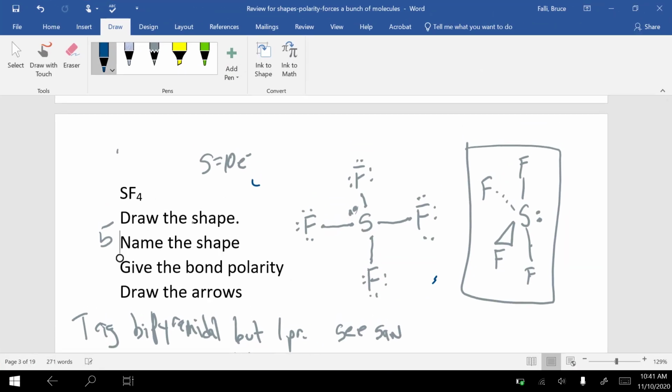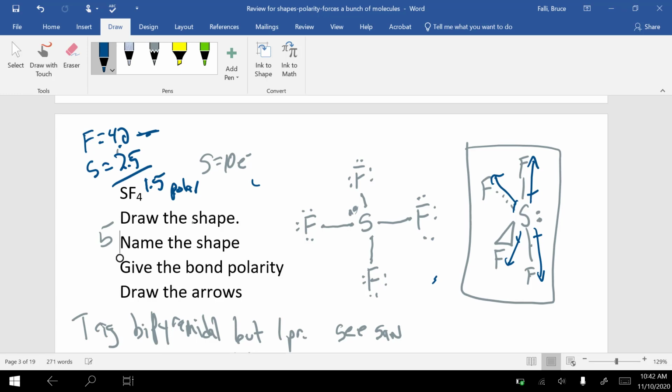F is 4.0. S is 2.5. When I subtract that, I get 1.5, which is polar. That means I do need to draw arrows. I'm going to point my arrows at the more electronegative one, bigger number right here, which is fluorine. All done.